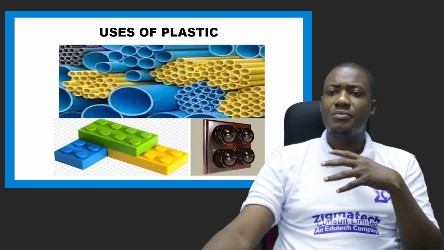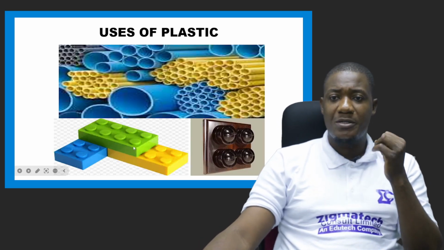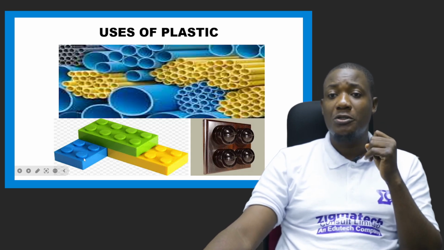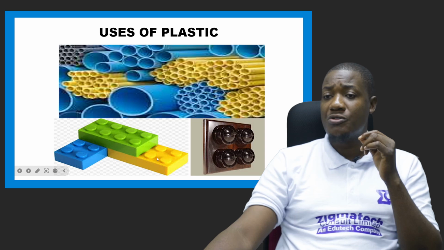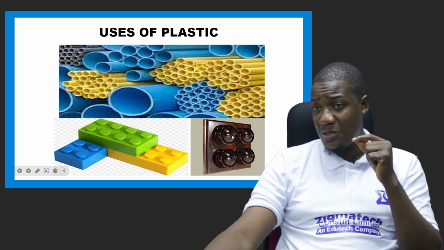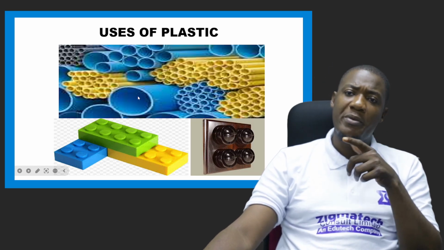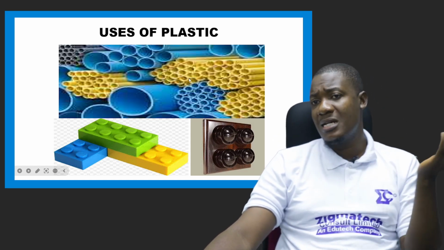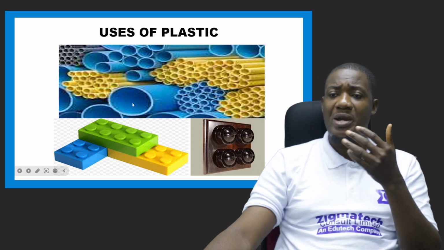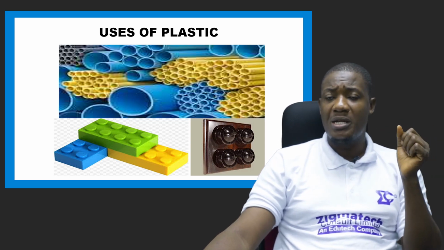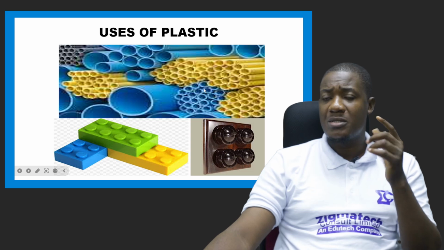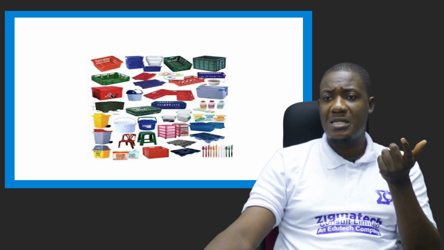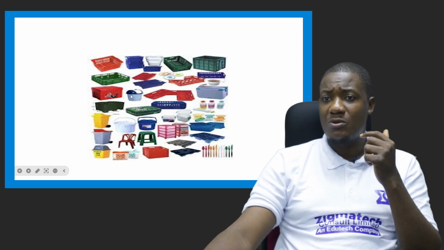Some of you that like to build houses, this is for your children. This is a switch we're talking about. This is for plumbing. These are pipes that we use to channel our waste to the soakaway. These are PVC pipes. They are all products of plastic, and you can see them here in large quantity.